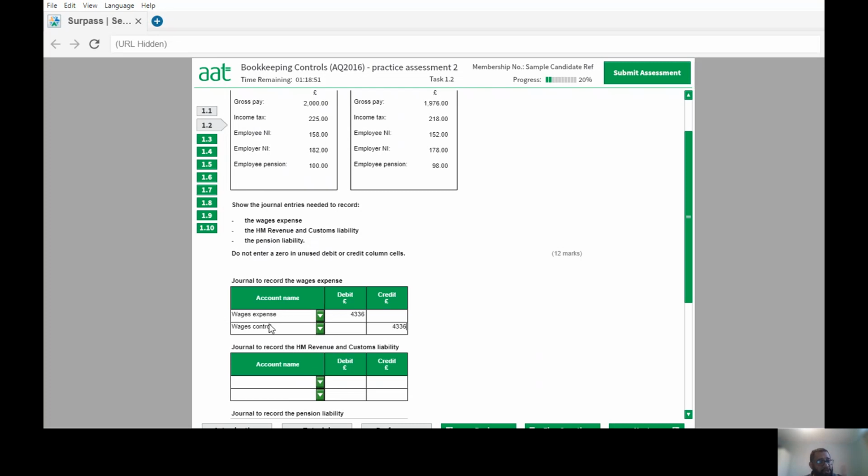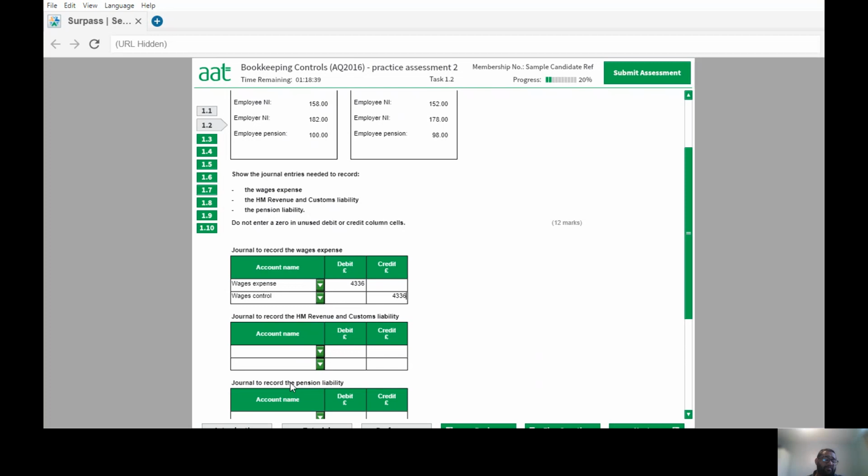Again, remember, because the wages control account is a credit here, every other entry will be on the wages control account as a debit, because we have to make sure this amount will be completely written off by the end of the payment process. So wages control account is going to be a debit of 1,113, and then HMRC liability account will be 1,113 credit here.